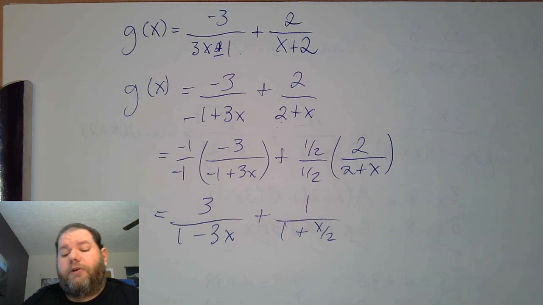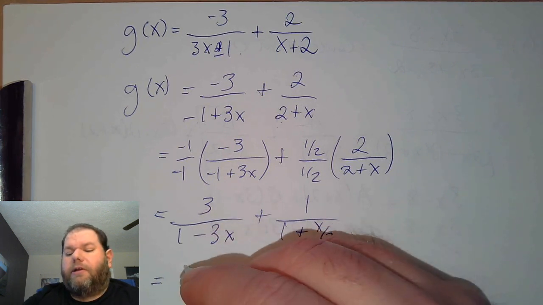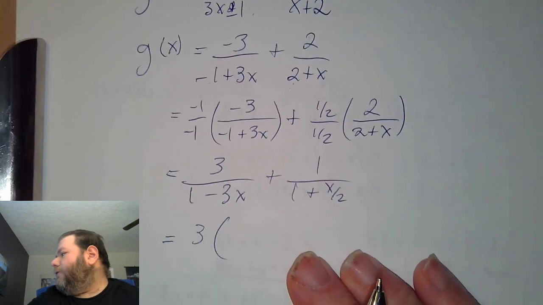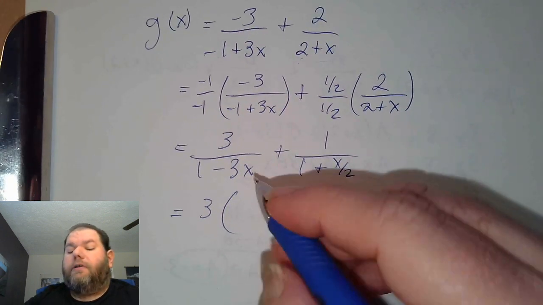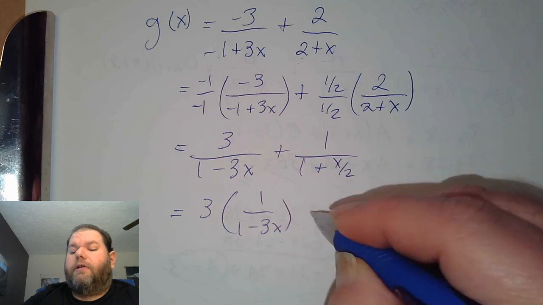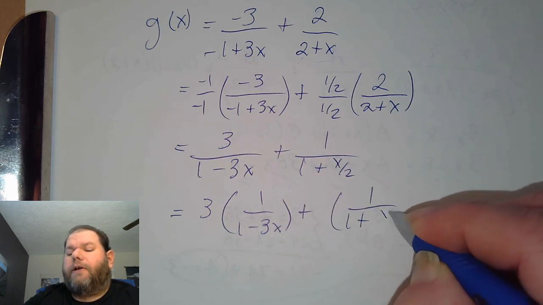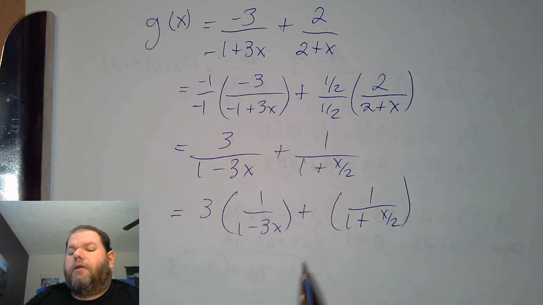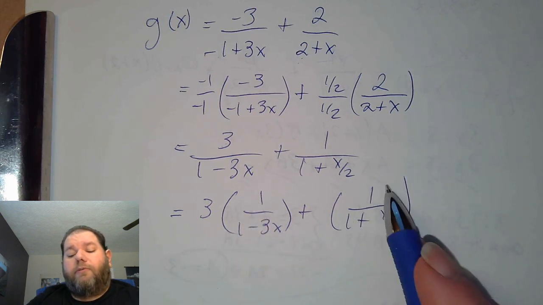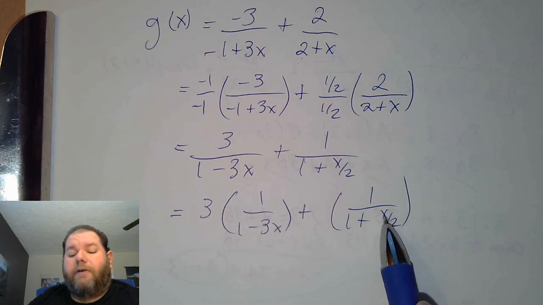Getting closer. We do need to get rid of this 3 in the numerator, but again, we can just factor that out. So 3 times 1 over 1 minus 3x plus 1 over 1 plus x over 2. Now again, these have the 1s where we need them to be, and then these expressions are what's raised to a power.